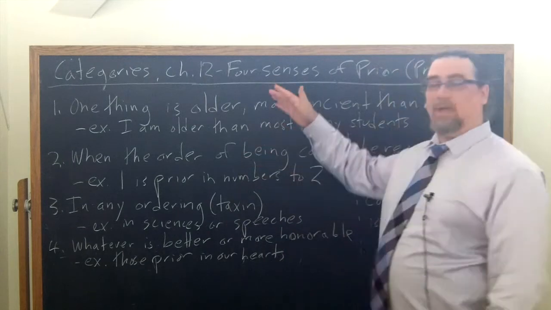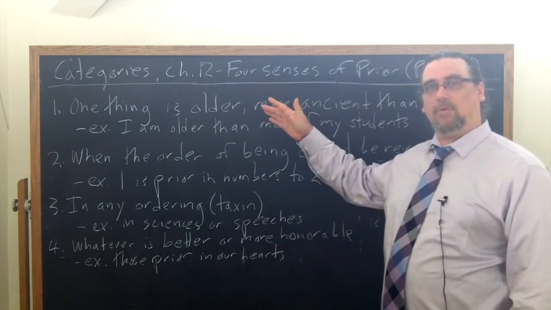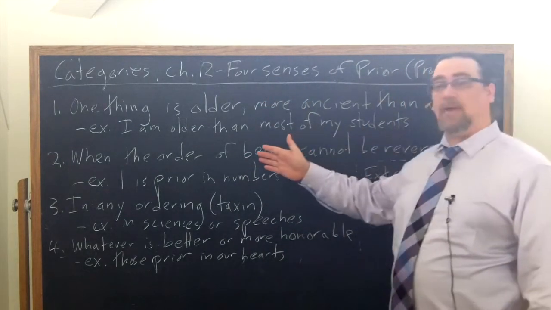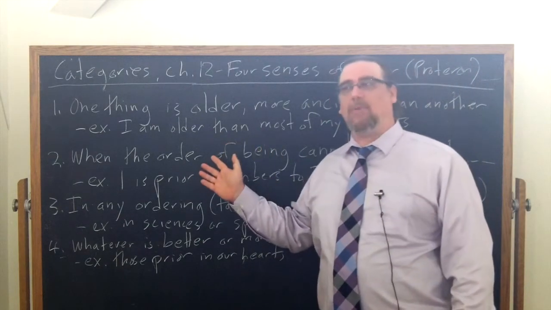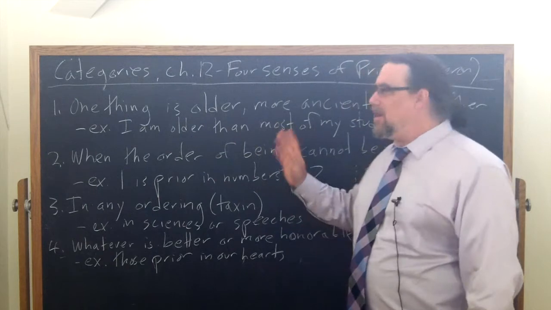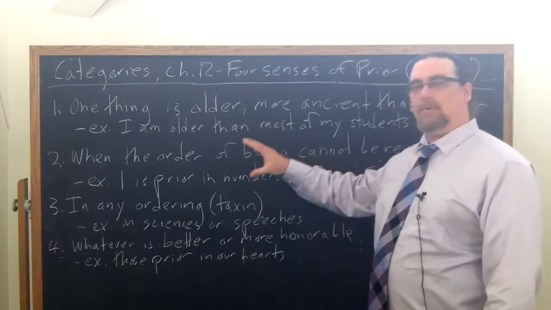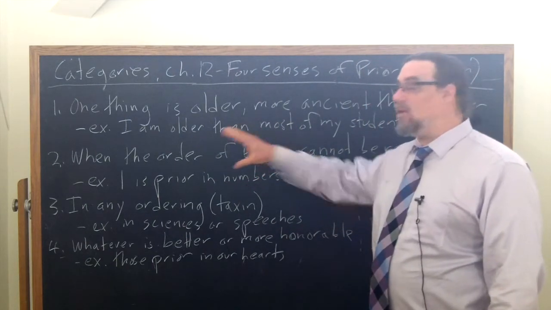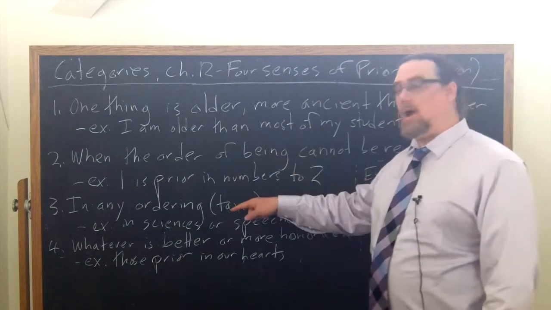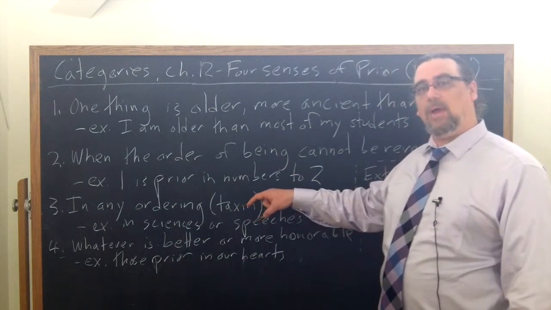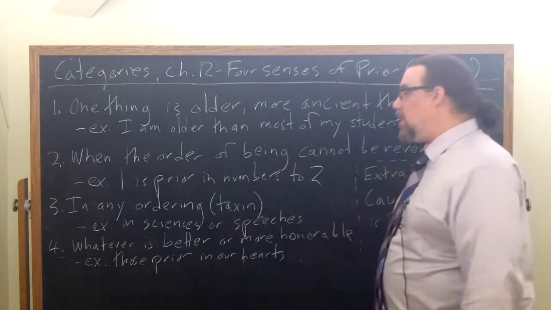Notice we're not saying that necessarily those things that are prior came first in time. We're not actually saying that they are, required by the very nature of their being. Sometimes these can coincide, but sometimes we might have an arrangement of being where one thing is prior, but we actually talk about things in a way that reverses that priority.